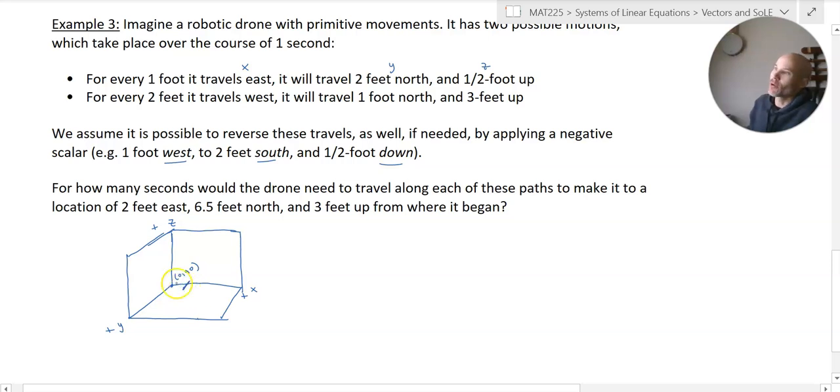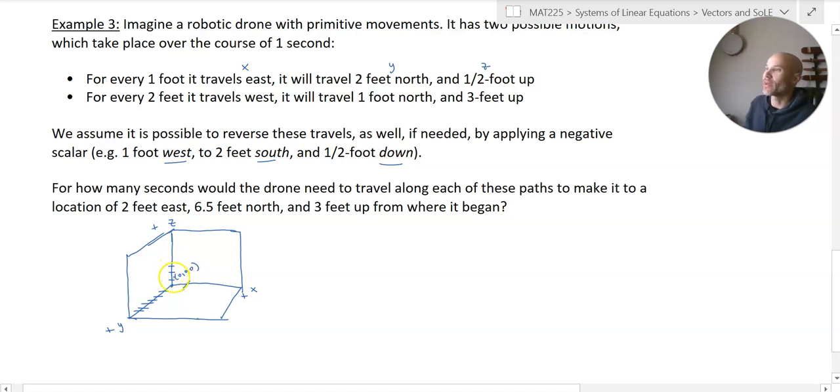So I'm going to draw a tick mark, but notice how I'm trying to draw the tick mark parallel to the y-axis, because this is a whole line right here. And then 6.5 feet north. So we'll say that this is going to be north. So 1, 2, 3, 4, 5, 6, 6.5. Okay, so where we want to travel to, and let me label the z-axis as well, 3 feet up.